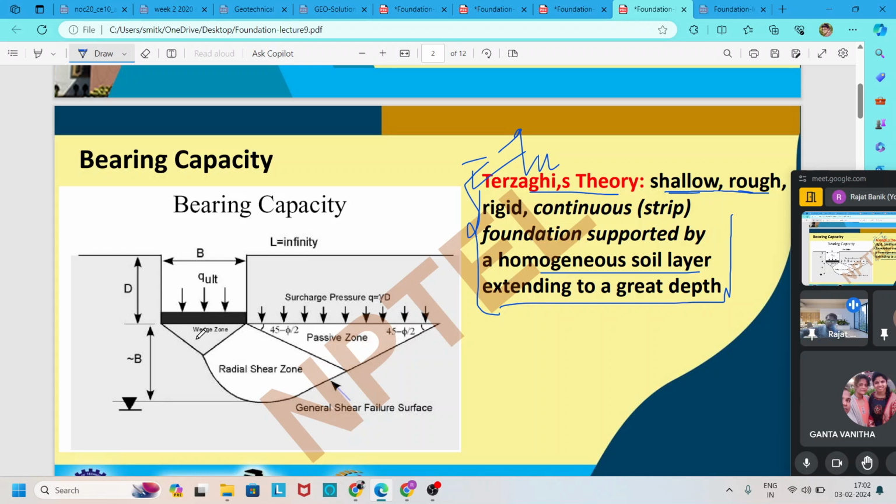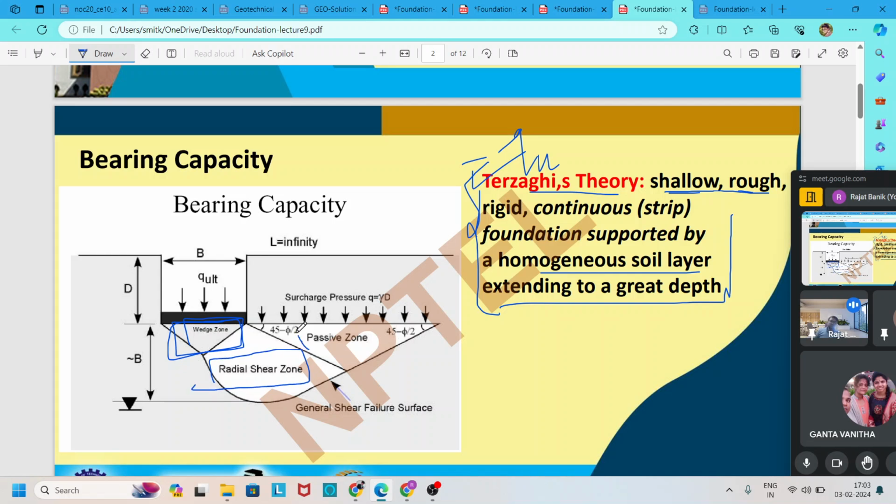So three types of failure zone are created. Just below the foundation, one failure surface is called wedge zone, this triangle type failure. Along with this, the failure zone is called radial shear zone.